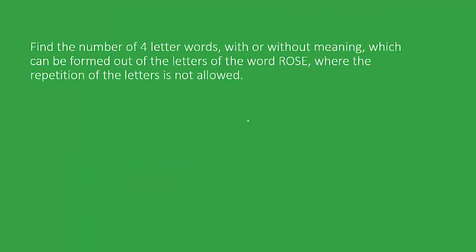To get a grasp, let's look at an example. You have to make different combinations of four-letter words from the word ROSE. Let's not do it with the fundamental principle first.